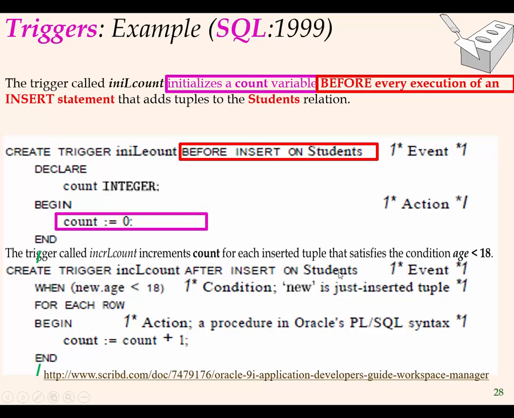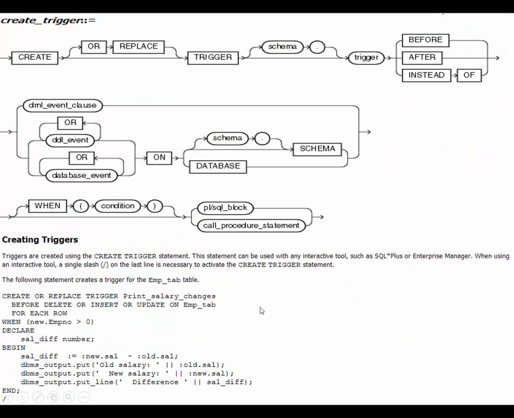So every time you insert in students, when the new age is less than 18, the action is you increment the count by 1. So this trigger will be fired every time you add a student's tuple where the student's age is less than 18. So you can keep track of how many students with age less than 18 you have.